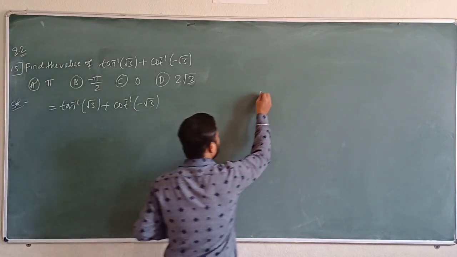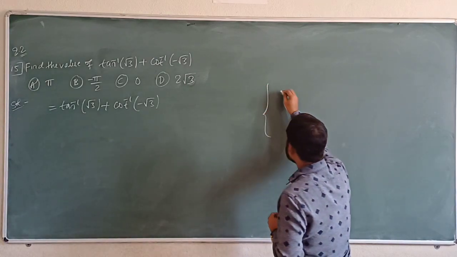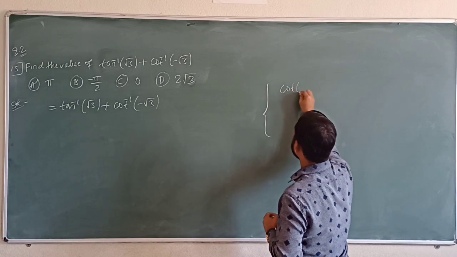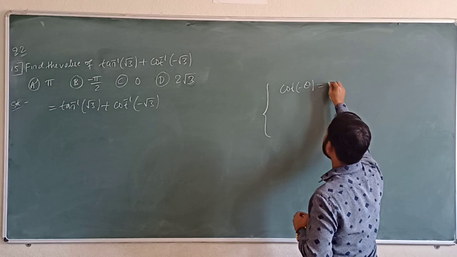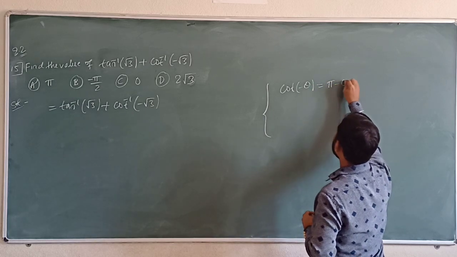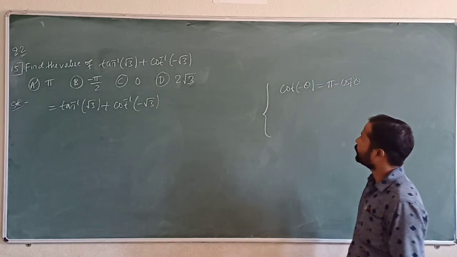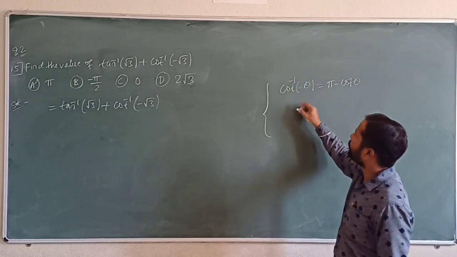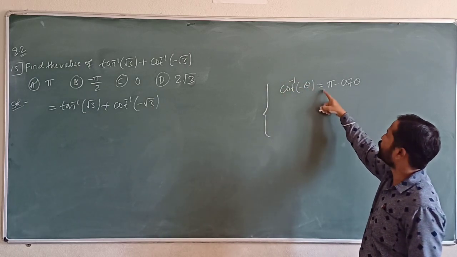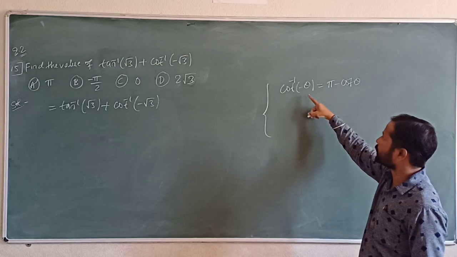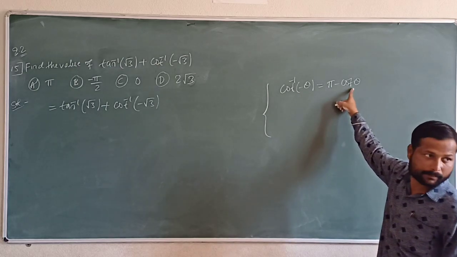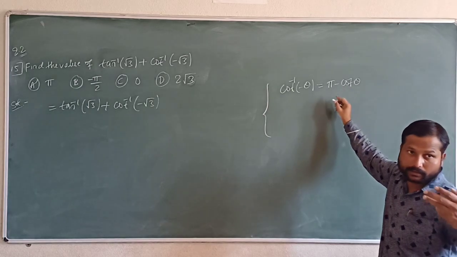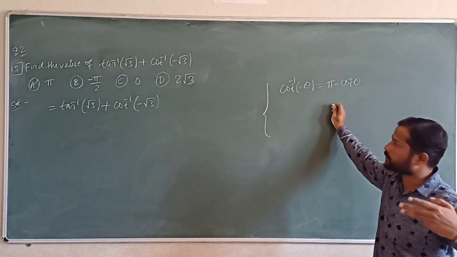We know the property: cot inverse of minus theta is equal to pi minus cot inverse of theta.